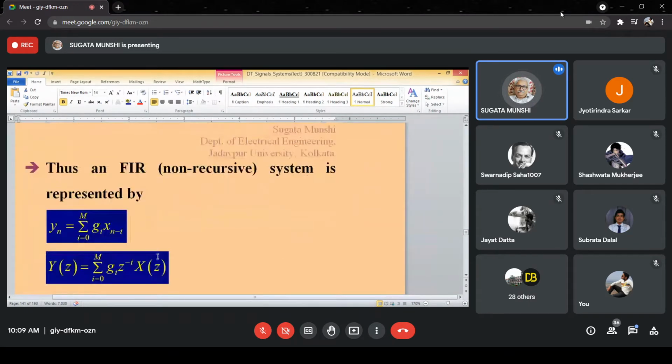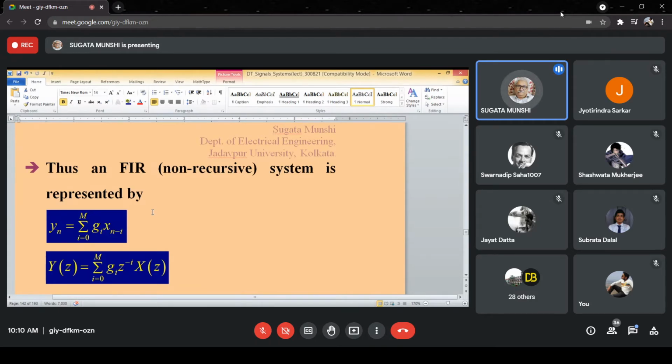Do you agree with this equation? Just cross-check with when we were discussing the FIR system. We had a similar expression, summation over i equal to 0 to k minus 1 of g_m x[n minus m]. Same thing. If that is correct, this is also correct.